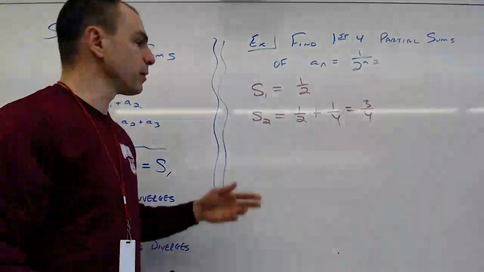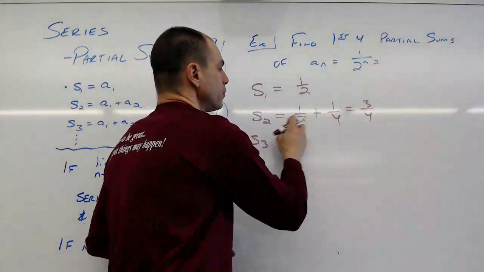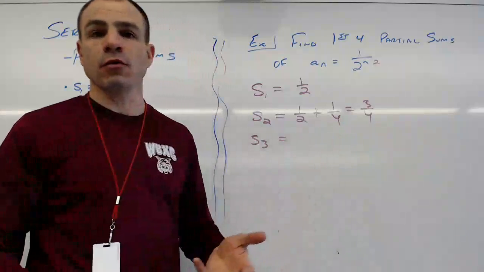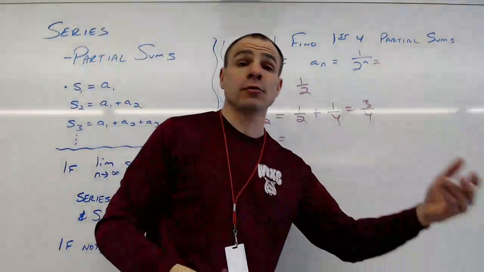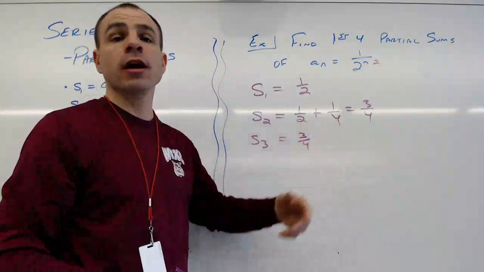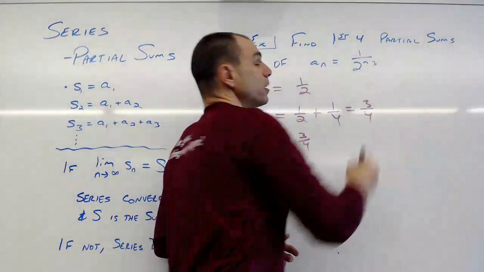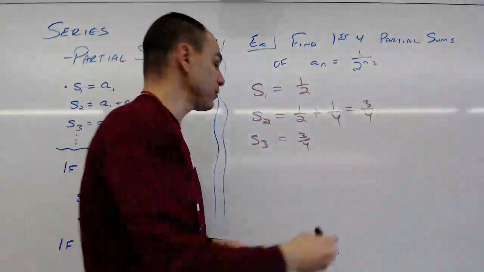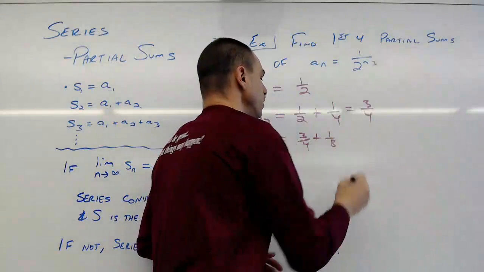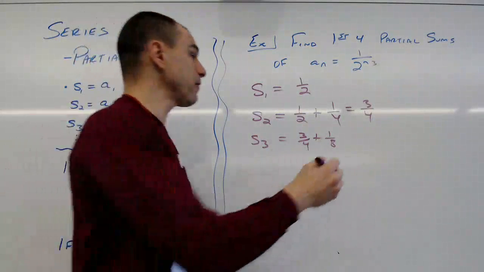Then we take a look at the third partial sum. We already know that the first two terms add up to 3/4, and now we have to add in the third term as well. So we've got 3/4, which is a half plus a quarter, plus the next term. If n is 3, we have 1 over 2 cubed, that's 8, so 1 over 8. So 3/4, which is 6/8, plus 1/8, gives us 7/8.